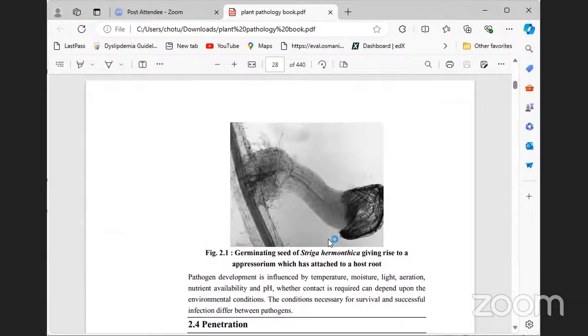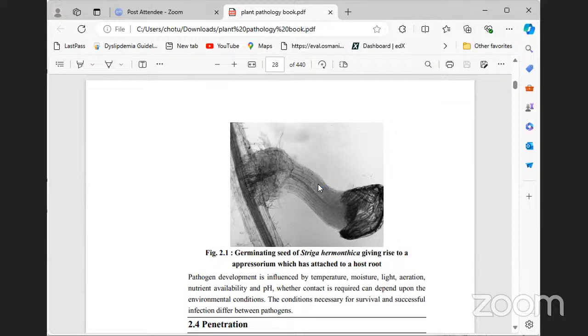See here a germinating seed of Striga hermonthica giving rise to an appressorium which has attached to the host root. You can observe how it attacks and penetrates into the host. Pathogen development is influenced by temperature, moisture, light, aeration, nutrient availability, and pH.